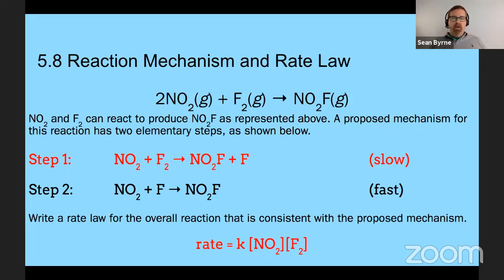Okay. I know that this seems pretty straightforward for right now. We're going to look at, like I said, a little bit of a trickier problem in a couple of minutes, but it is pretty straightforward that we want to look for the rate determining step, which would be identified as the slower step, and we relate that back up to our overall rate law mechanism.